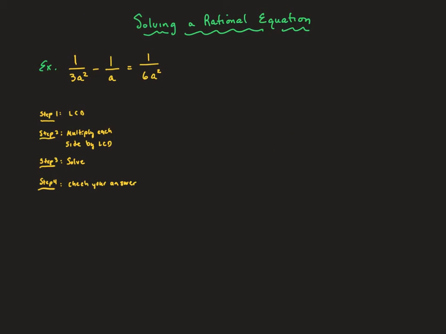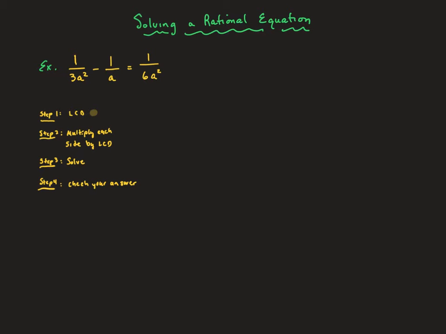So here, when I'm solving this rational equation, I have, as an example, 1 over 3a squared minus 1 over a equals 1 over 6a squared. These are fractions, so in order to subtract them, I am going to need to find a common denominator. Step 1 tells me to find the least common denominator.